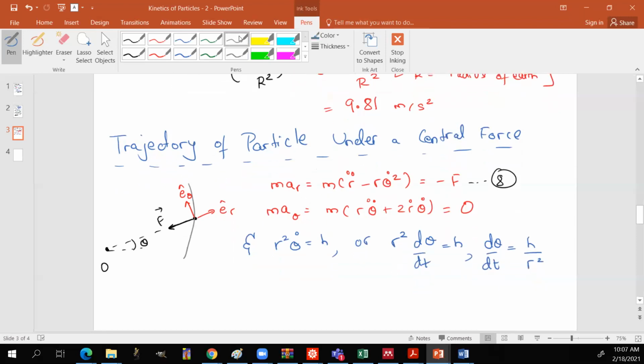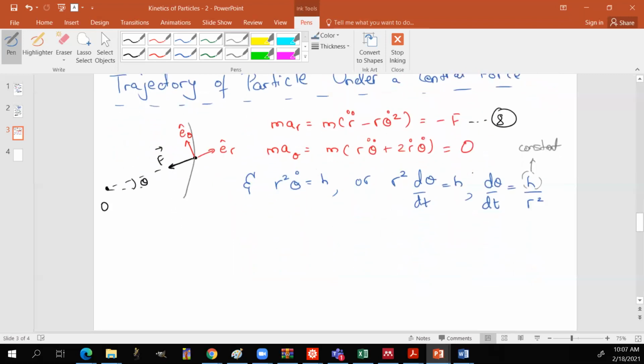And remember, this quantity h is a constant. So now we can start our mathematical juggling. We can say that r dot is equal to dr over dt. That can be written as dr over d theta times d theta over dt. Or plugging in from here, r dot is just equal to h over r squared times dr over d theta.